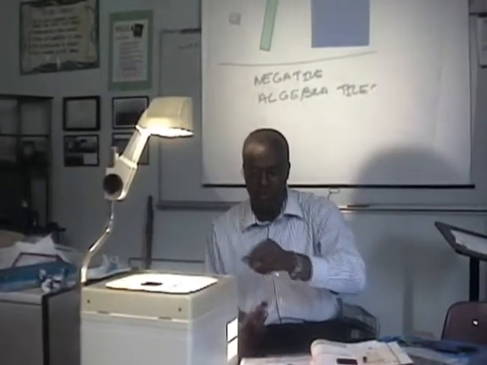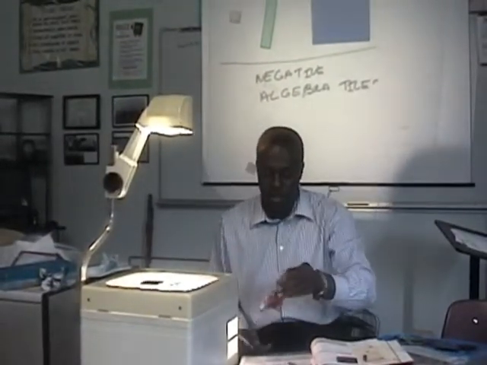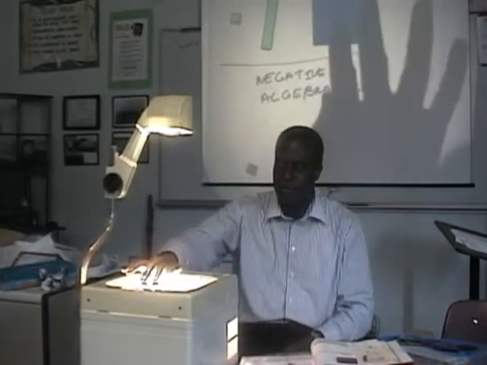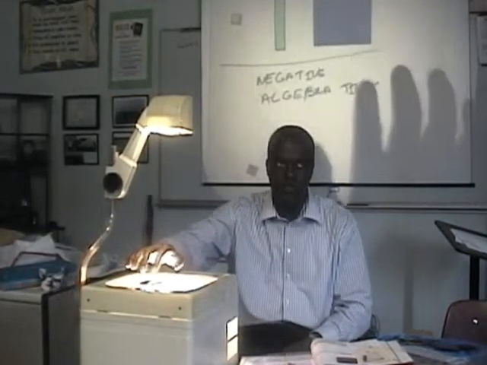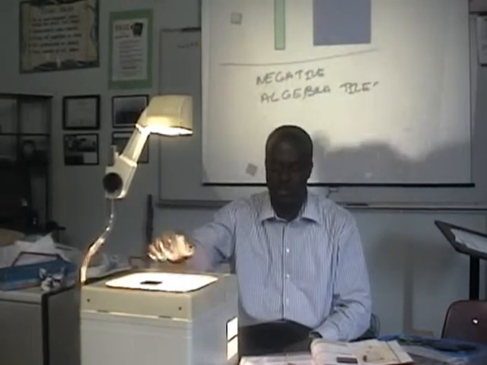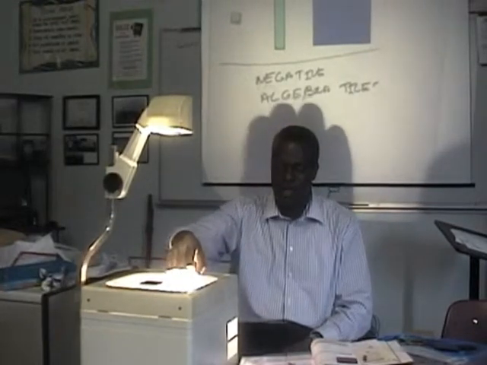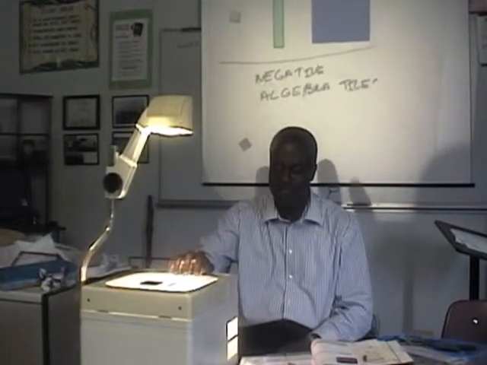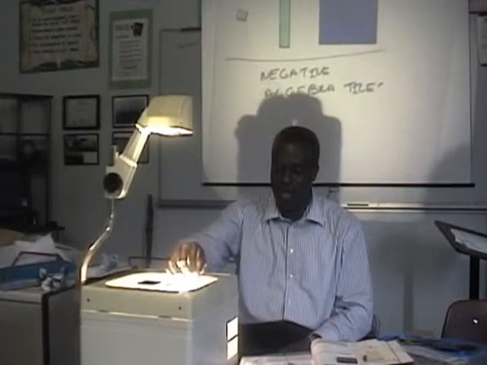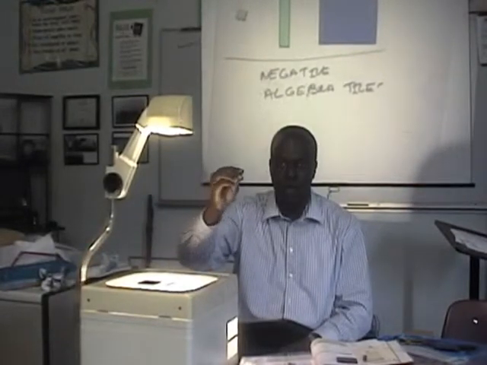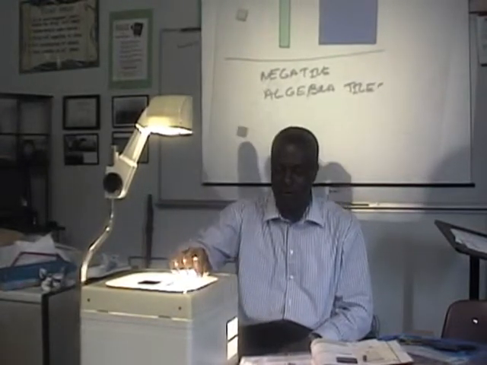Now you have everything that I have. The only difference is mine do not have different colors on both sides because mine are see-through. Now let's go over mine. I have a red 1 by 1. This is my negative 1.